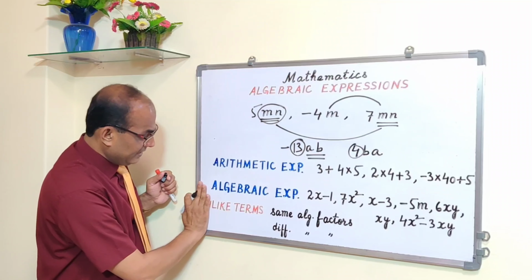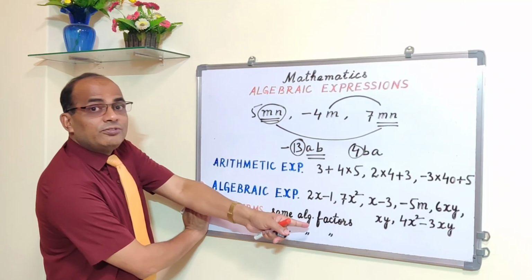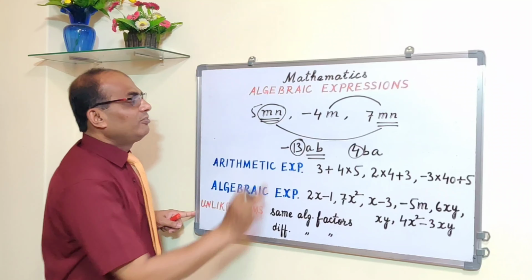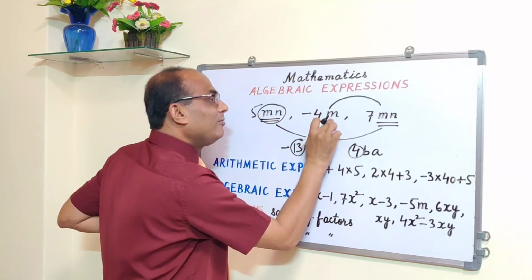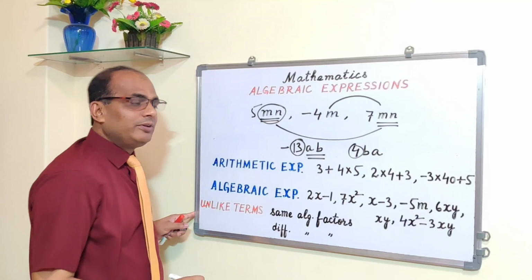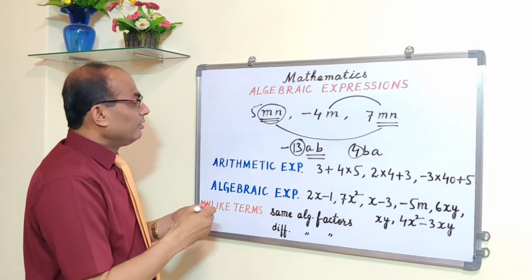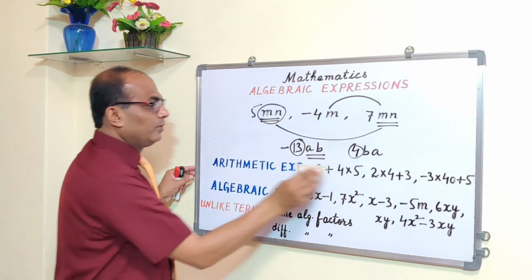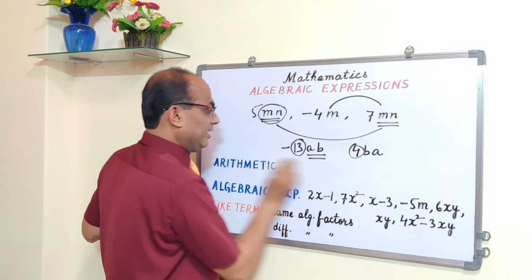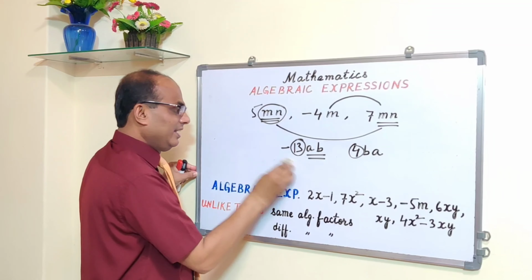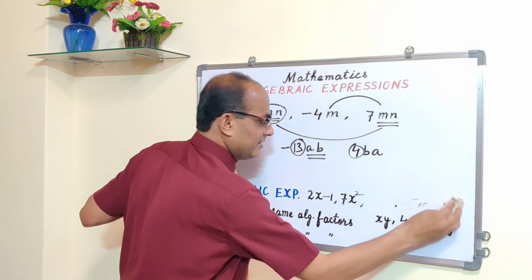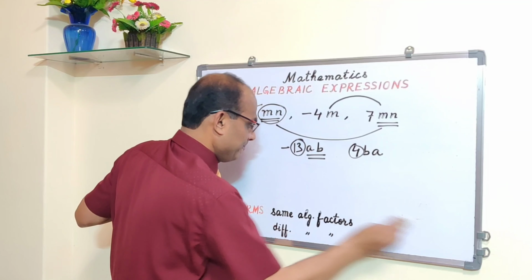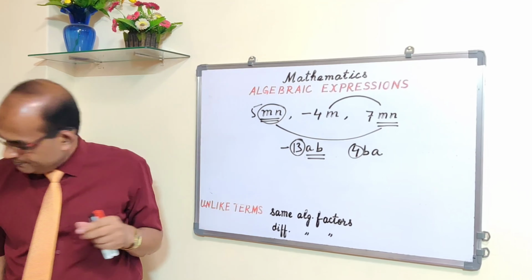So like terms when same algebraic factors, and unlike terms when different algebraic factors. For example, here this is m and this is mn, different algebraic factors, so they are unlike terms. One or two more examples you see, and then I'll give you one question to solve with the solution. But first you try and then you see the solution.